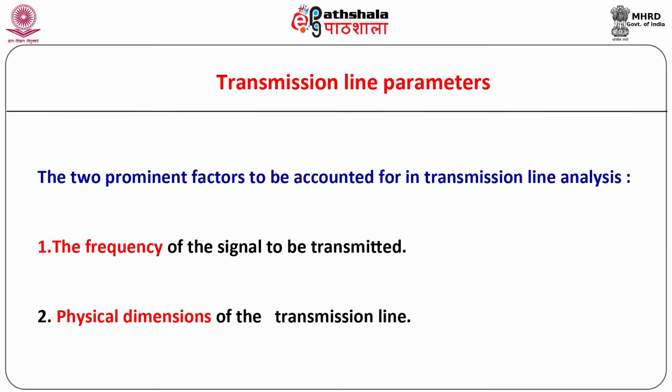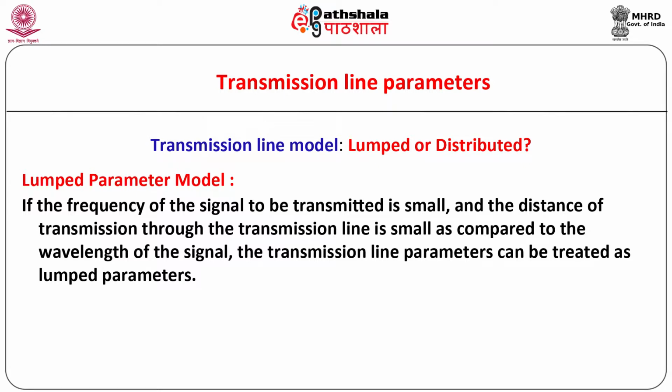Let us see how. If the frequency of the signal to be transmitted is small and the distance of transmission through the transmission line is small as compared to the wavelength of the signal, then the capacitive and the inductive properties of transmission lines can be neglected and the transmission line parameters can be treated as lumped parameters.